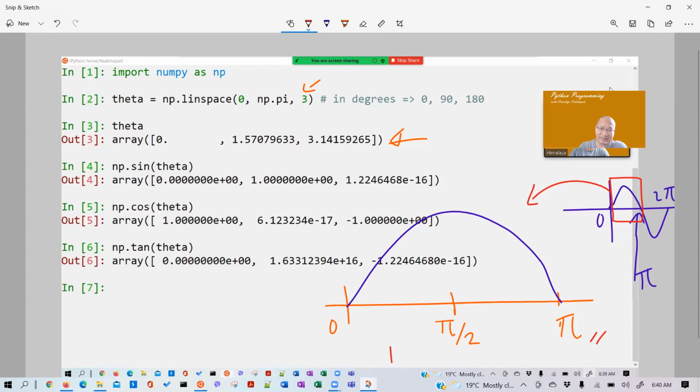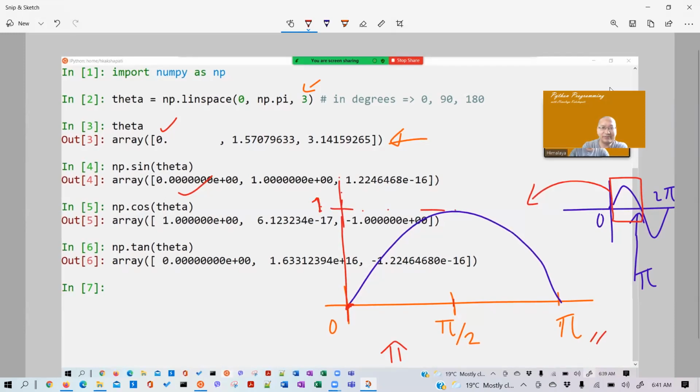Look at this sine curve, the blue curve. What is the value of sine at 0? It is 0, so as you can see here at 0 it is 0. At pi over 2, what is it? It is 1, of course.